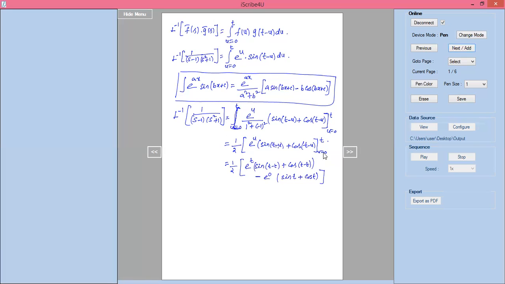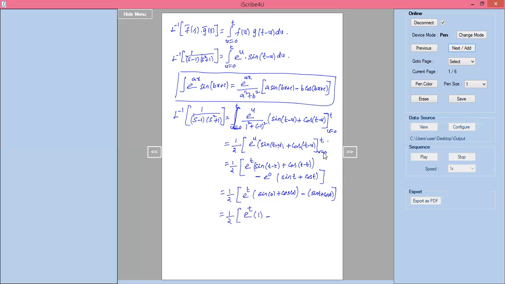Now if you simplify this, 1 by 2 into e power t, sin 0 plus cos 0, minus e power 0 which is 1, into sin t plus cos t. Sin 0 value should be 0, and cos 0 is nothing but 1.